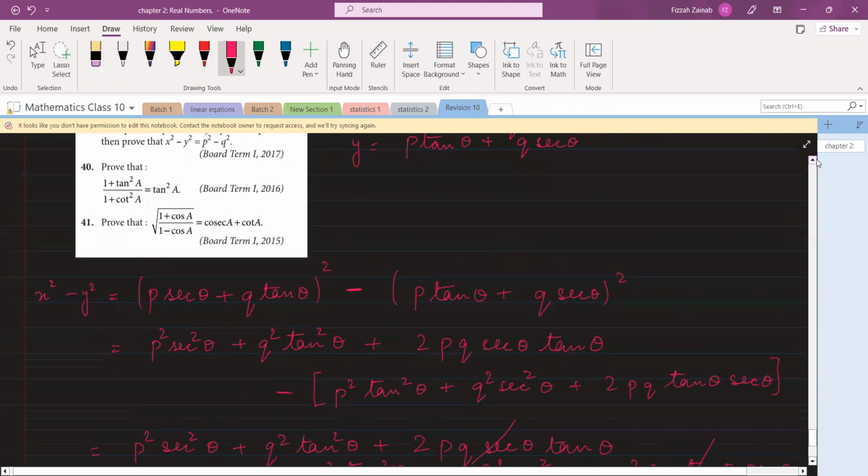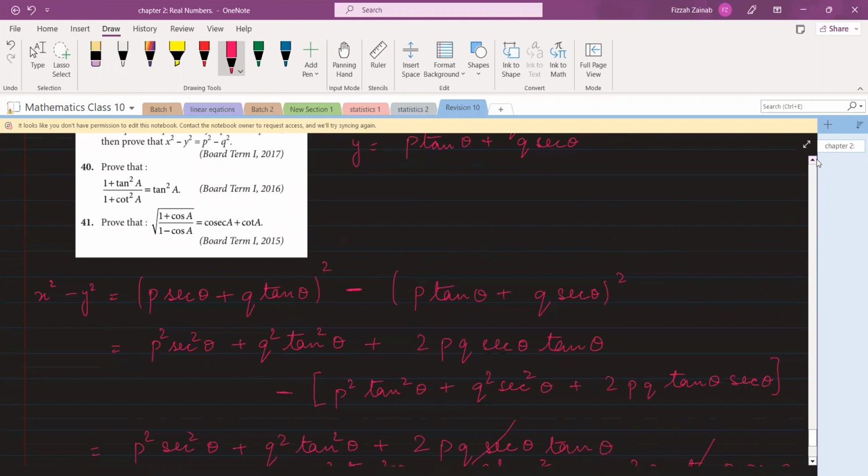This is very simple. This is a simple identity. I can see 1 plus tan square theta, right? Yeah.